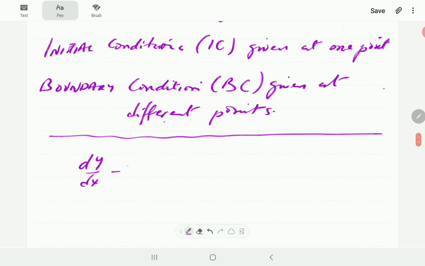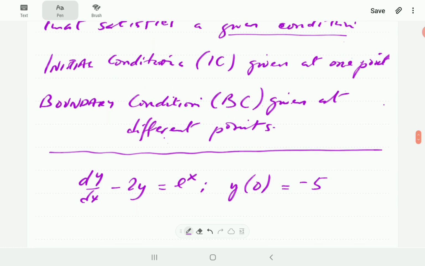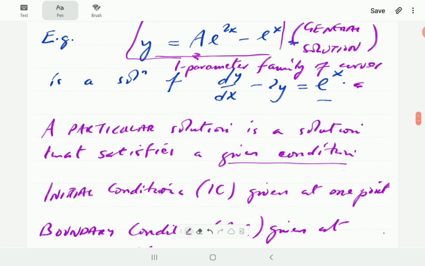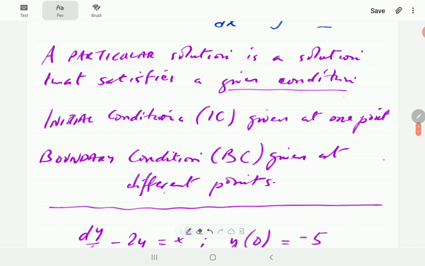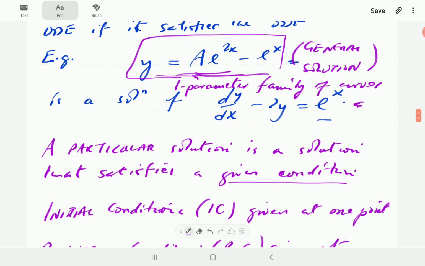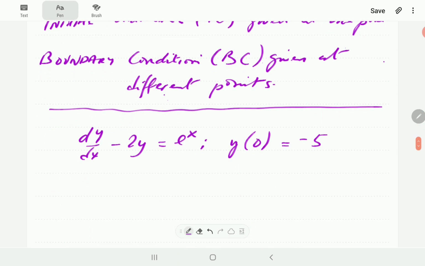So dy/dx minus 2y is equal to e to the x. Suppose we want a solution which is such that when x equals 0, y is -5. So what we do here is we go to this general solution and plug in x is 0 and y is -5. So that means we're going to have -5 here, 0 here, and 0 there.